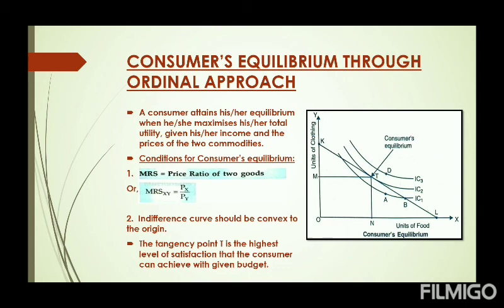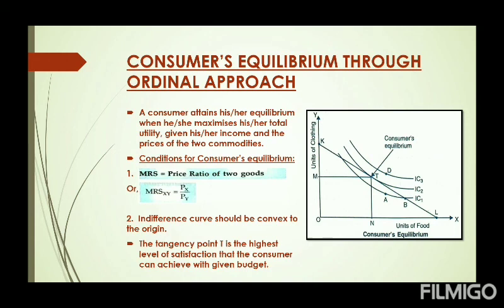That means this is out of the consumer's reach, because the income is given, the price levels are given, the budget is fixed, KL. So any combination outside the budget like point D in the figure is not reachable. So IC3 is excluded.